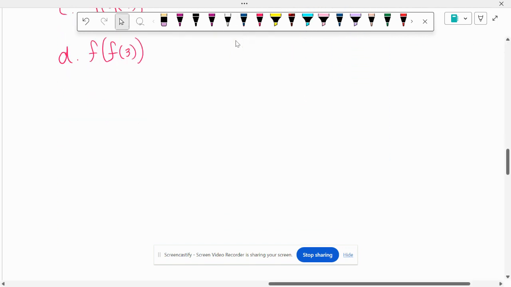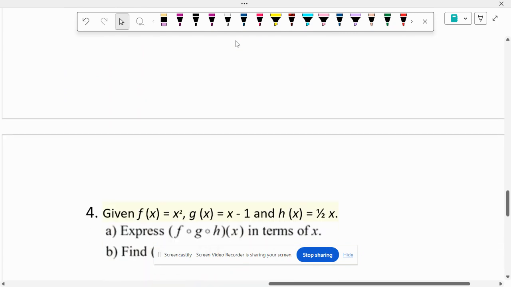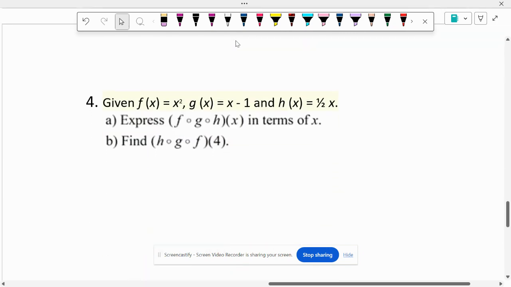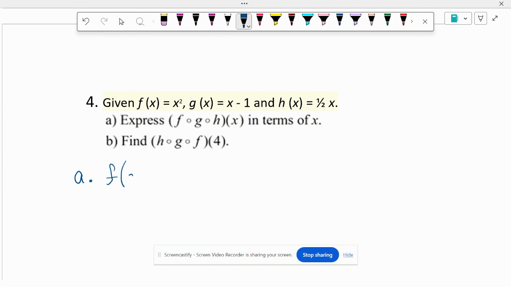And then the last one, example number 4. A is f of g of h of x, and B is h of g of f of 4.